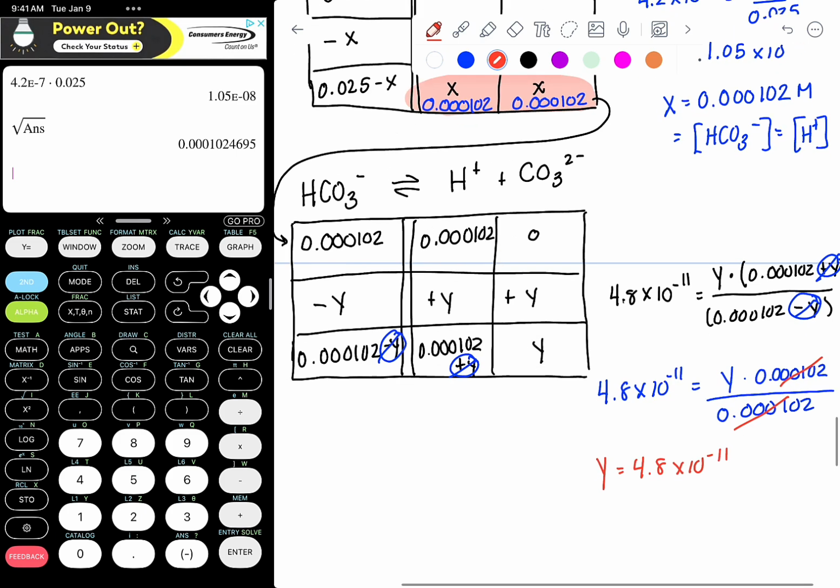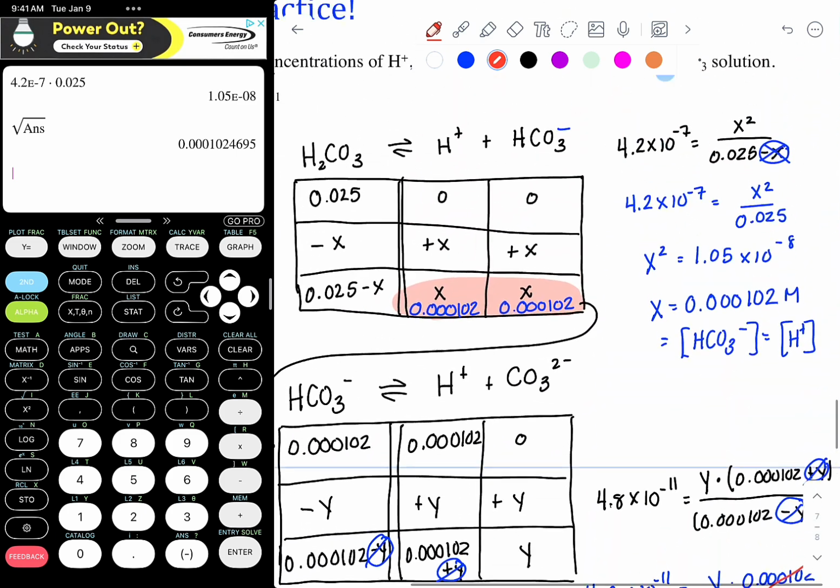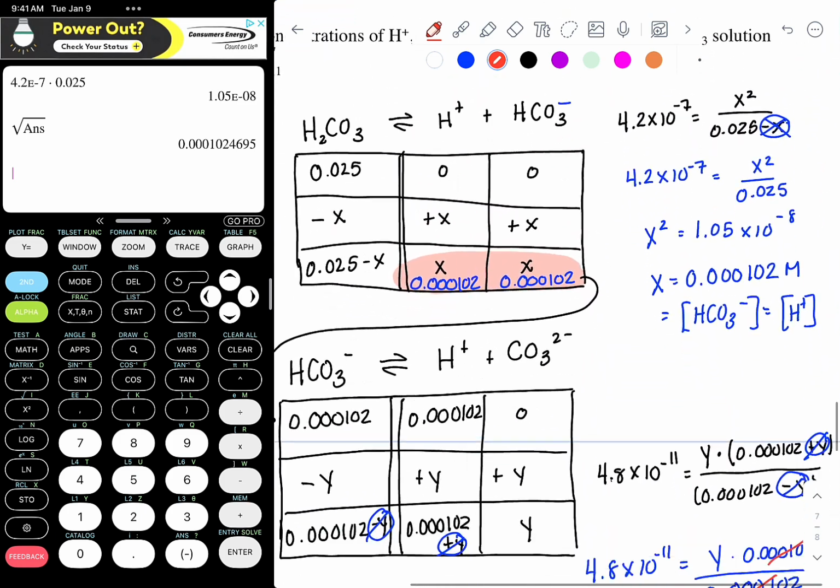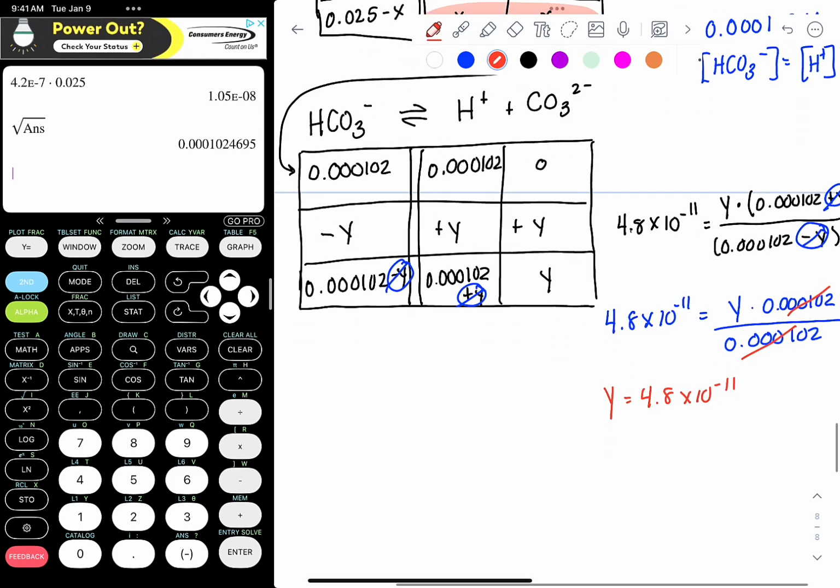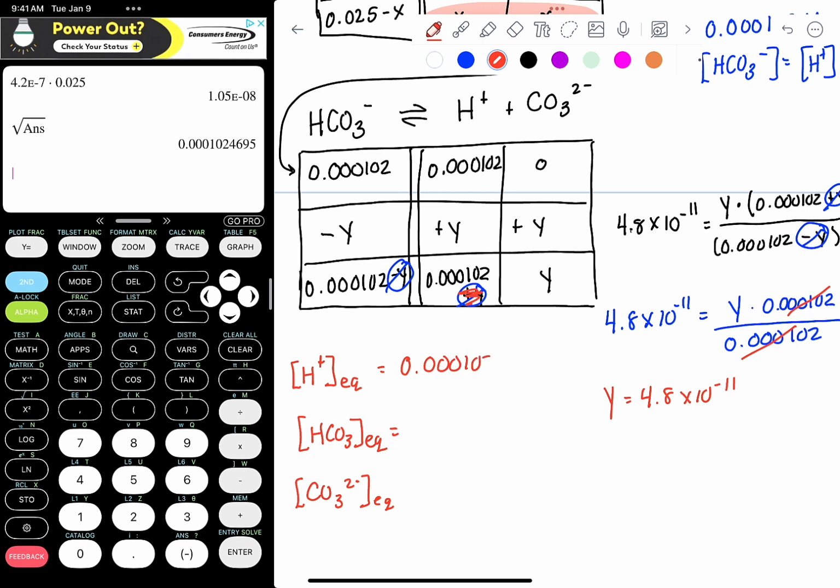So that then means that the equilibrium concentration, let's see, we were asked for H plus, HCO3 minus, and CO3 2 minus. That means that H plus at EQ, HCO3 minus at EQ, and CO3 2 minus at EQ are equal to, let's see, H plus, we see that y is negligible, so its concentration would be 0.000102.